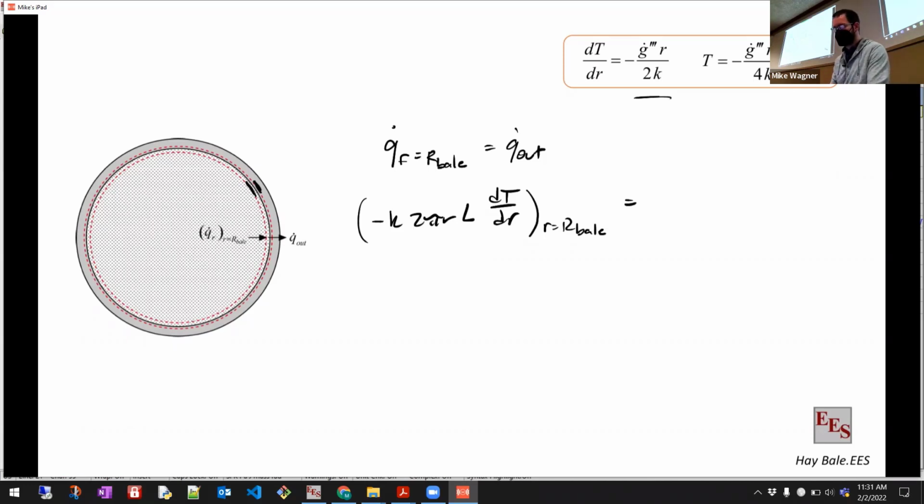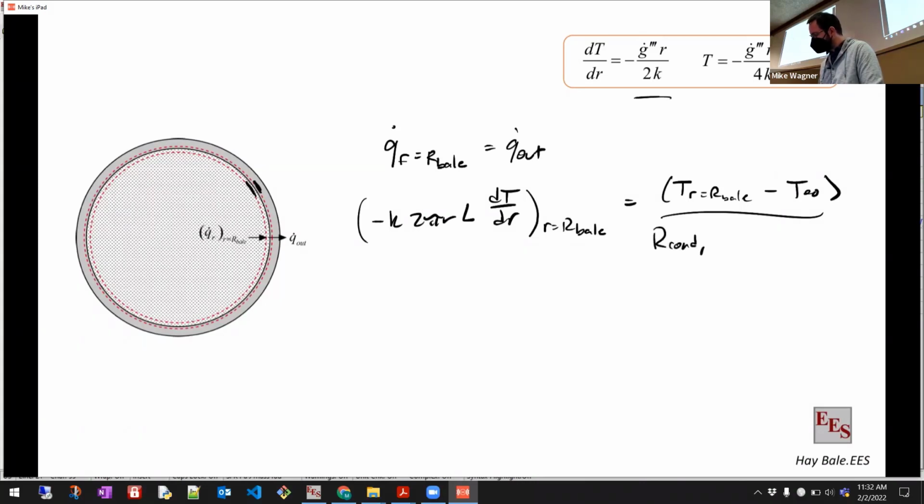So we could write this as T, the temperature at r equals R bale, that's the temperature right at that surface, minus T infinity, divided by the two resistances in series, R conduction in the plastic plus R convection, right?